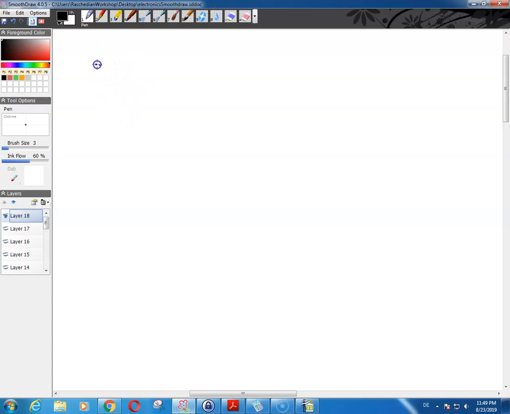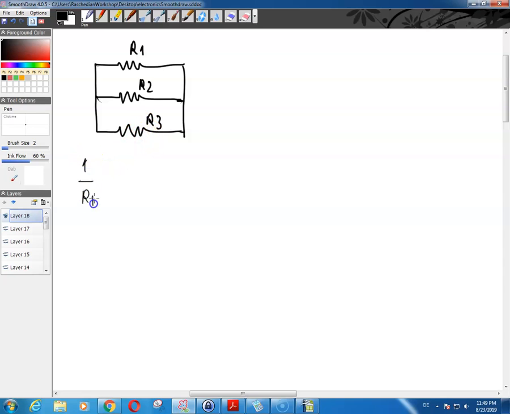For example, if you have three resistors here connected in parallel, R1, R2, and R3, then the equivalent parallel resistance, or 1 over R of t, is going to be equal to 1 over R1 plus 1 over R2 plus 1 over R3.